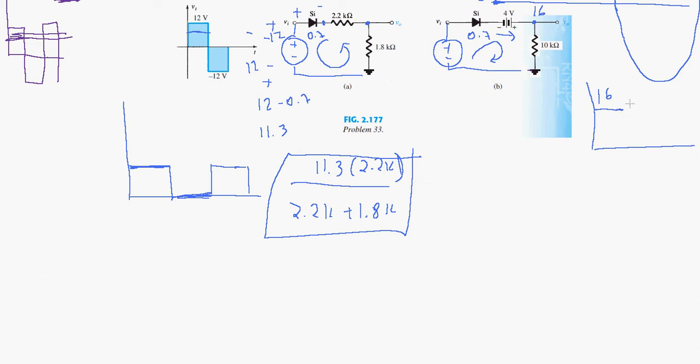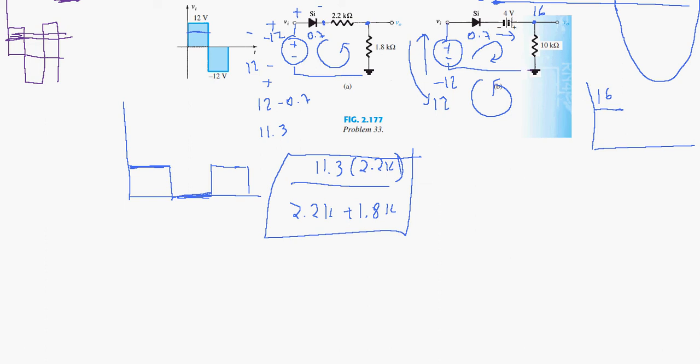Now we look at the opposite case. When the voltage is reversed in the counterclockwise direction, we have minus 12 volts from here to here, or you can see it as 12 volts in this direction here. If we have 12 volts in this direction, then we have 4 volts here opposing that direction.